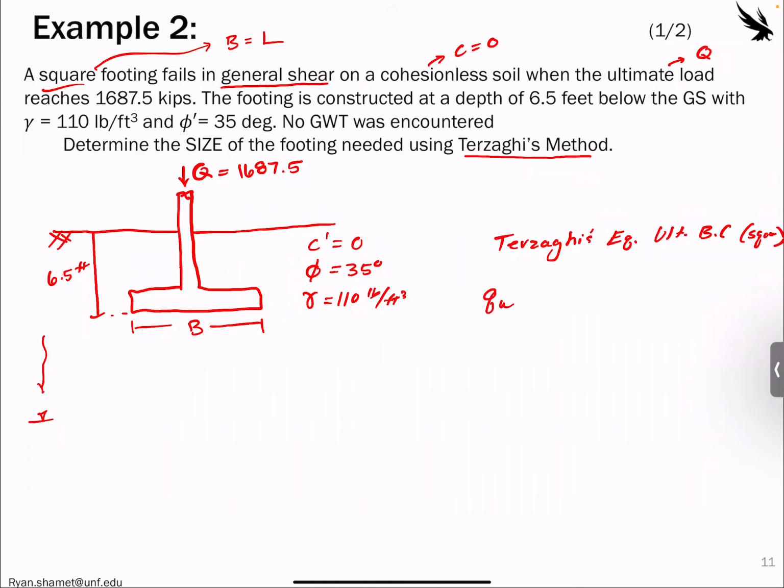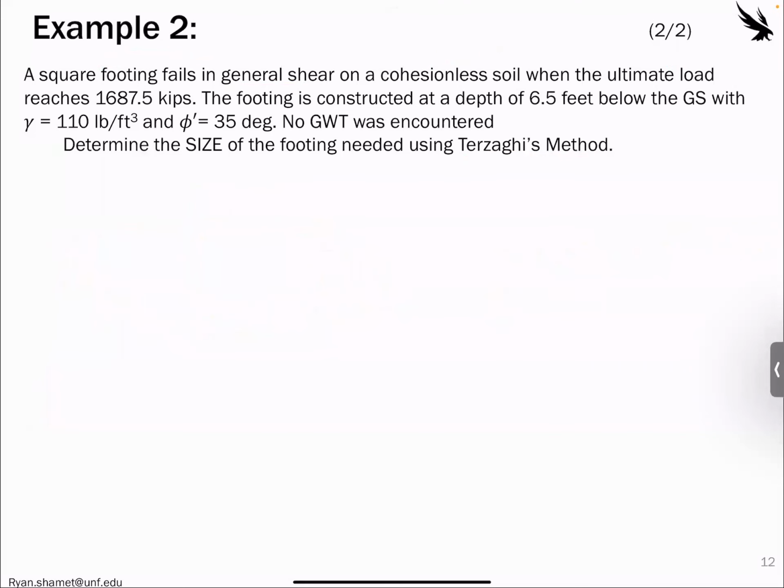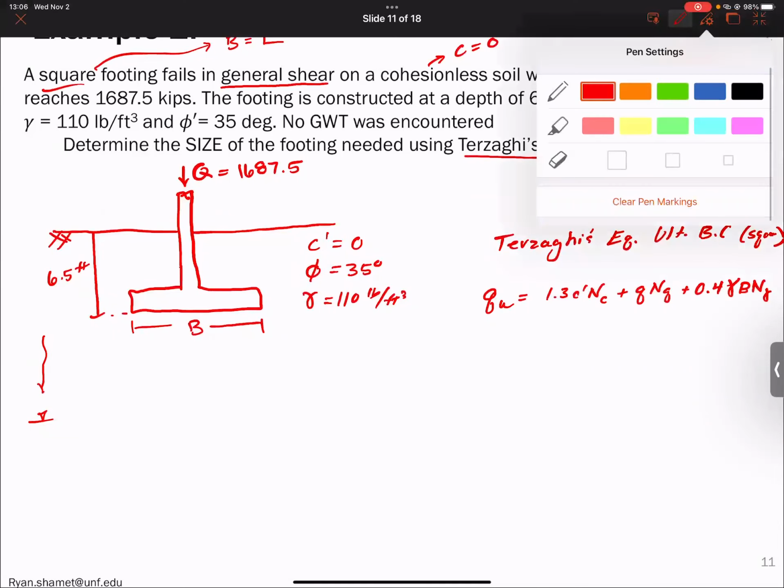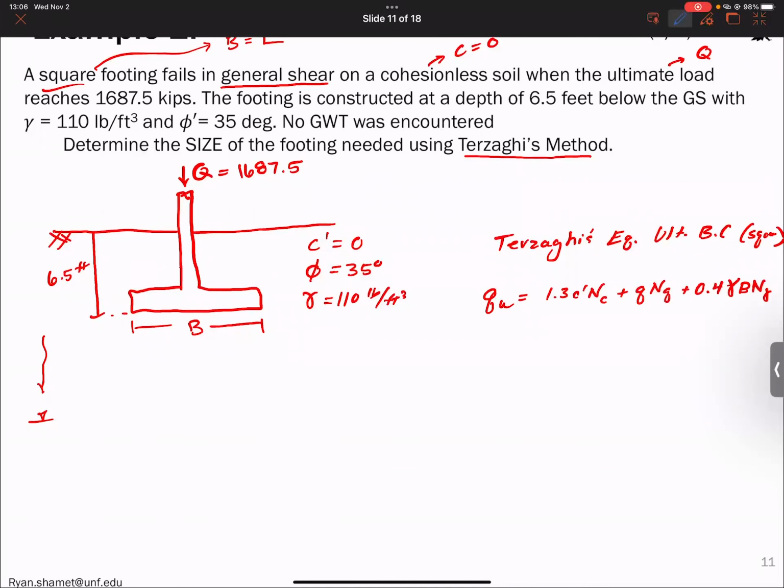So qu, ultimate bearing capacity, is equal to 1.3 times c times the bearing capacity factor for cohesion, plus the term for surcharge, plus 0.4 times unit weight times the base times the respective factors. Now we can simplify this a little bit.